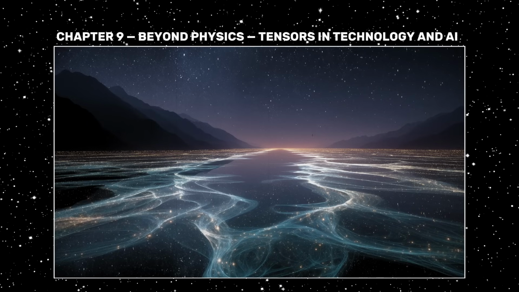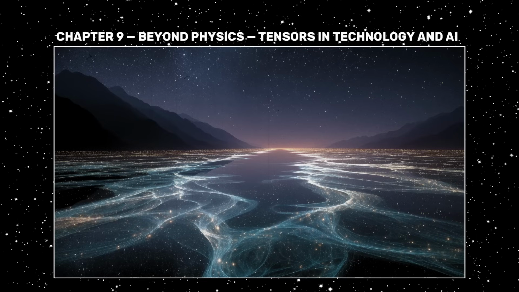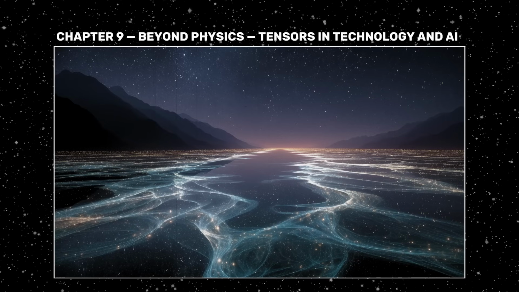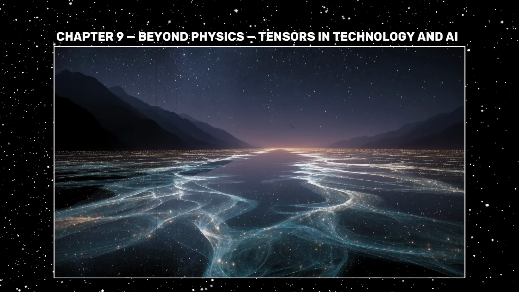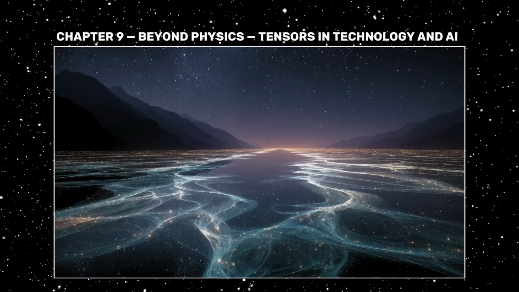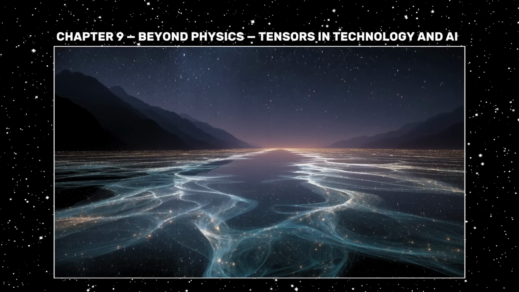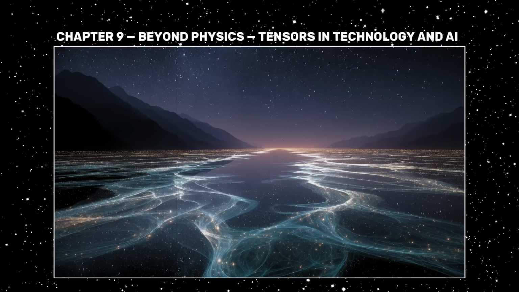And so, as this chapter closes, a gentle existential reflection arises. The same mathematical objects that allow us to describe stars bending light and the expansion of the universe now structure the algorithms that interpret our words and images. Tensors are the invisible threads connecting the deepest laws of nature with the everyday technologies of human life.